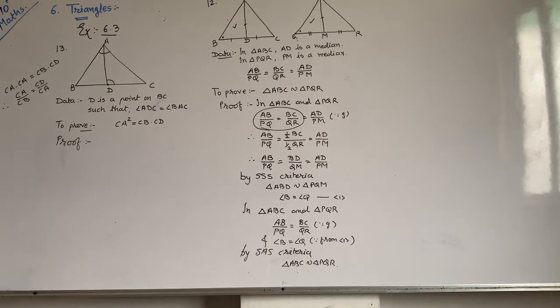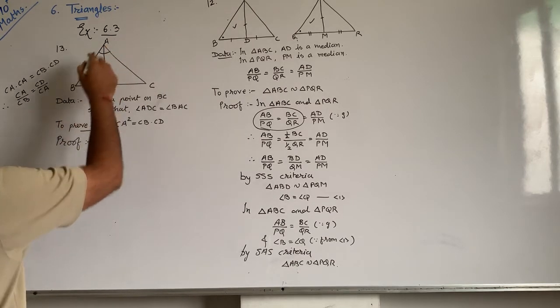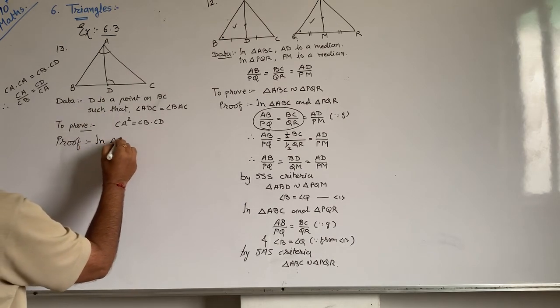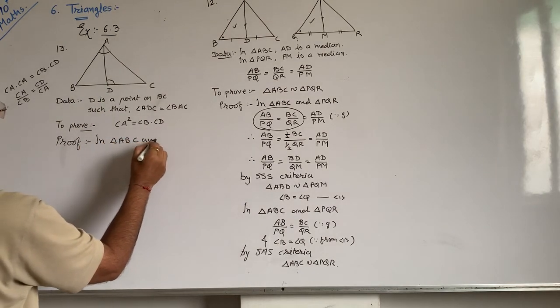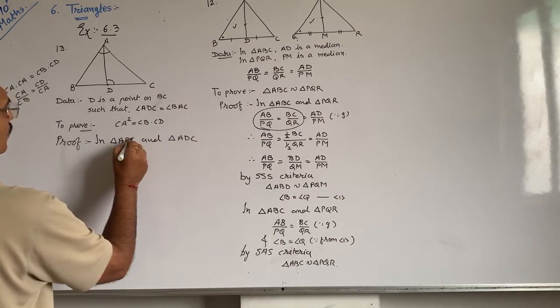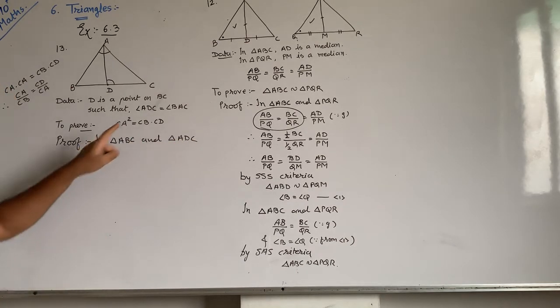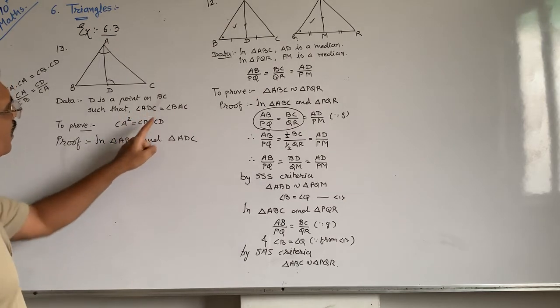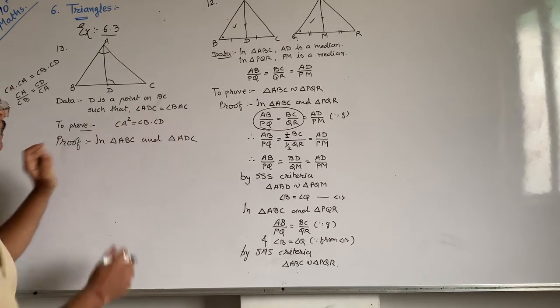Now find out which two triangles we are going to prove similar. We take this big triangle ABC and triangle ADC. See, given in triangle ABC, angle BAC and angle ADC are the same.